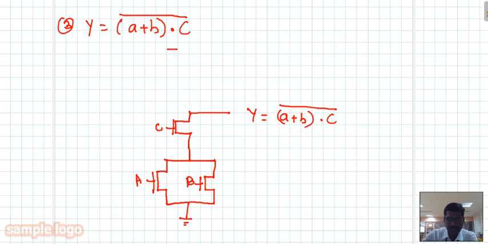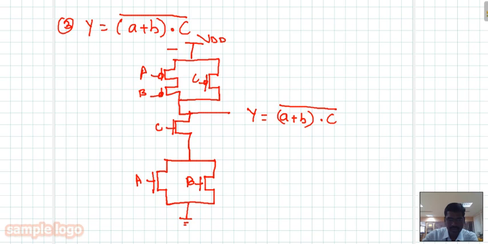So here is my VDD, and this leg should be my A and B, and here is C. So whatever you have in parallel here, here it is series, and the series connection you have here should be in parallel.